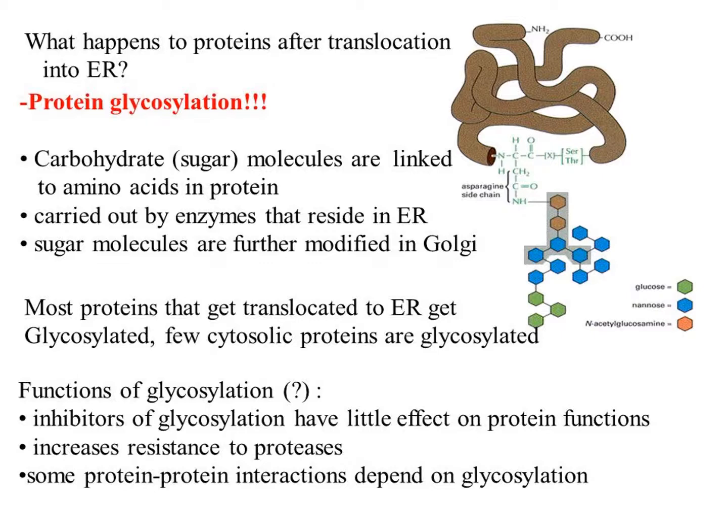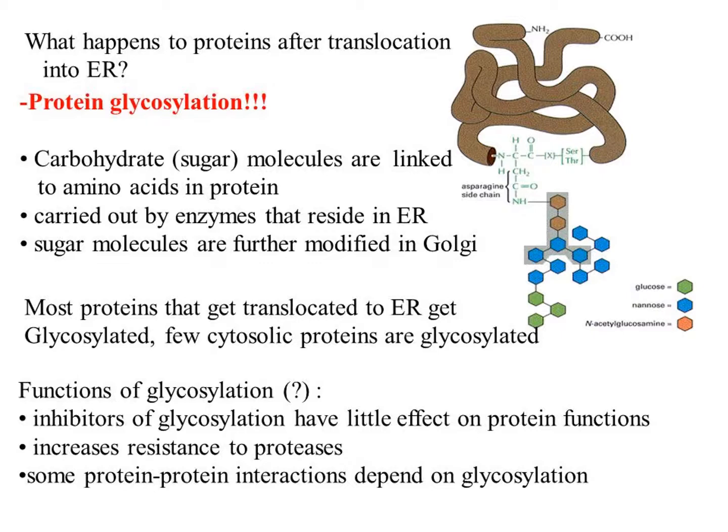And just for your knowledge down the road, most proteins that get translocated inside the ER are glycosylated. Proteins that are made on ribosomes in the cytosol are rarely glycosylated. Okay, the functions of the glycosylation, you're saying, well, why would the sugar be on these proteins?